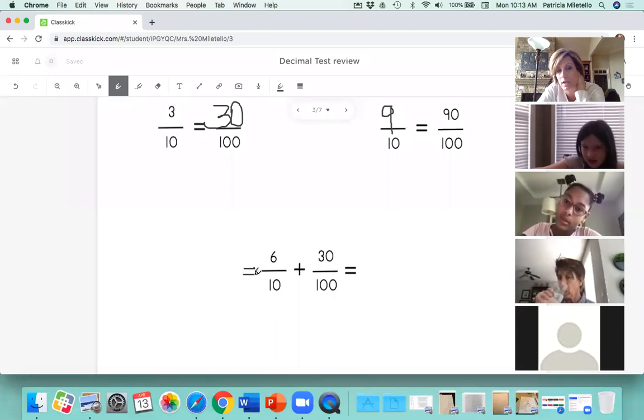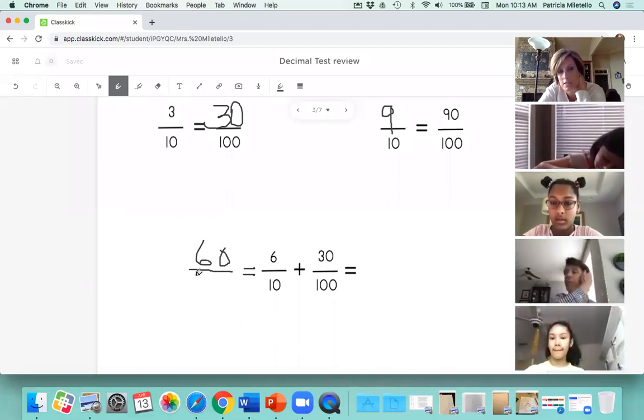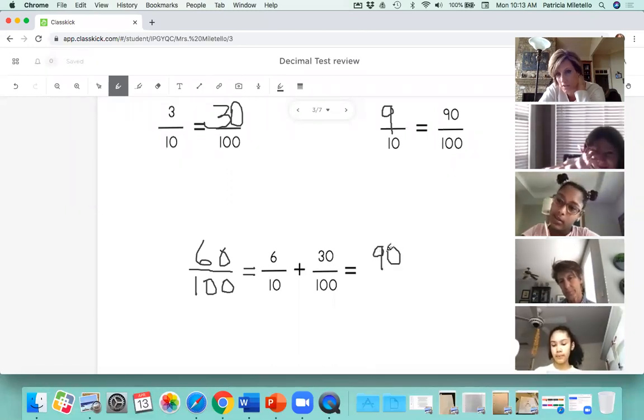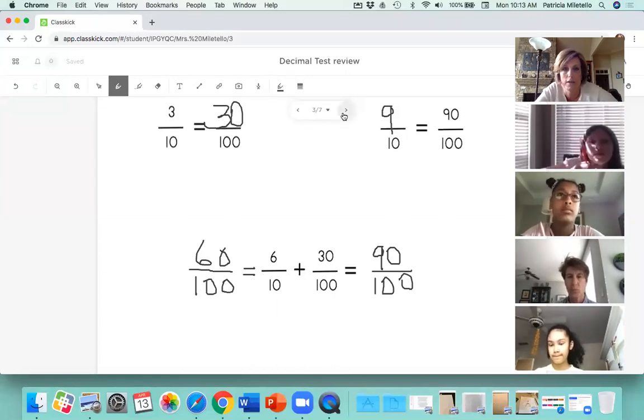And Adeline, what do you have to change this one to? 60 over 100, because 60 100ths is equal to 6/10, right? Now you can add 60 plus 30 is 90 100ths. Gabby, you see that? That makes sense? Okay, moving on, next one.